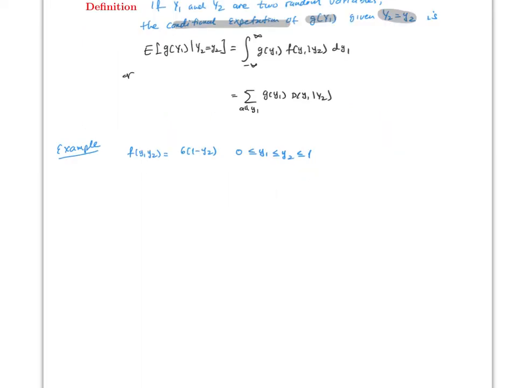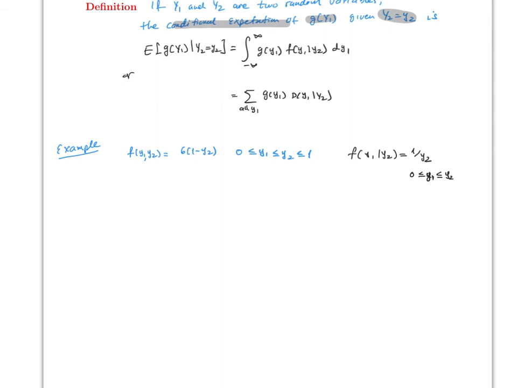All right, so let's do an example. In a previous exercise, we showed that this is a valid joint density function between y1 and y2. We also found before the conditional density function of y1 given y2 was equal to 1 over y2, and this was true for 0 less than or equal to y1 less than or equal to y2.